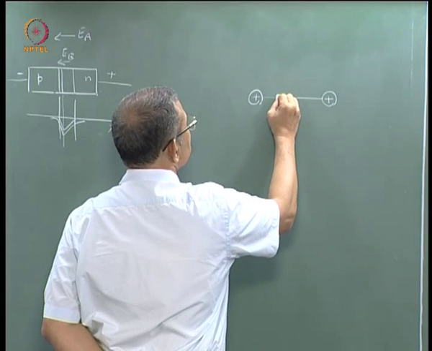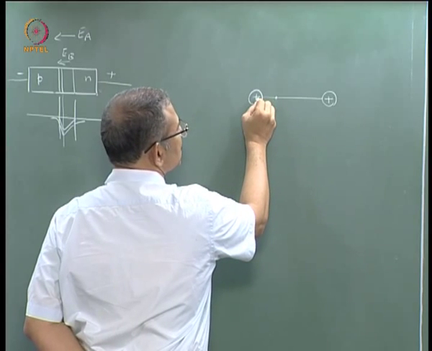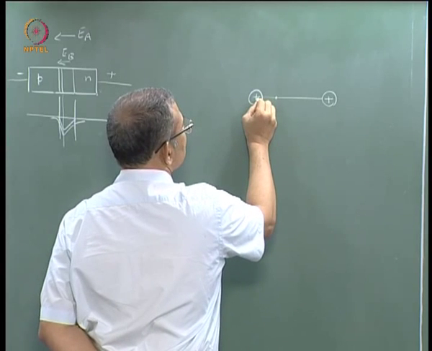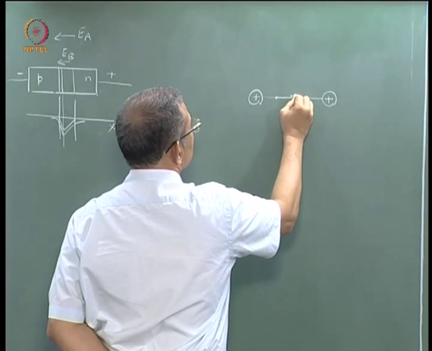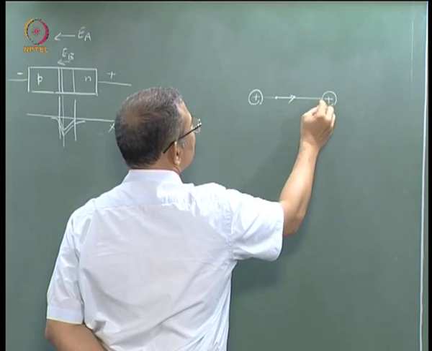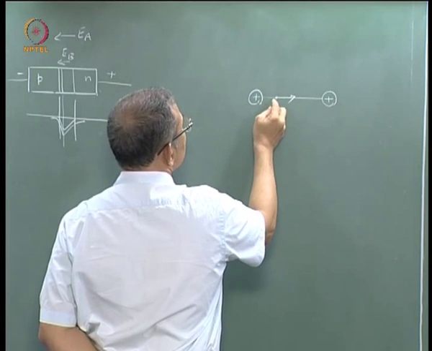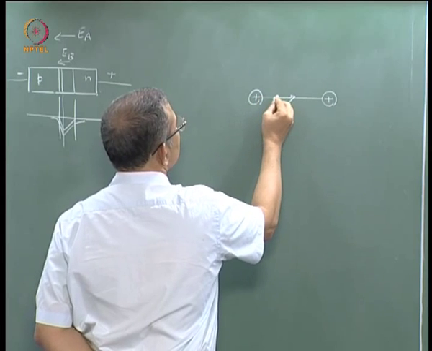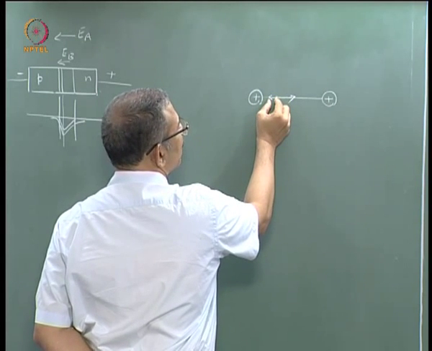Supposing I take a test charge somewhere here, it will experience a repelling force from this point, which is in this direction, and it will experience a repelling force because of the other charge, but that repelling force will be smaller because this charge is closer to the test charge. So the other force can be shown with a shorter arrow.